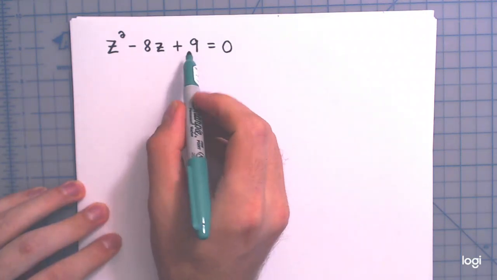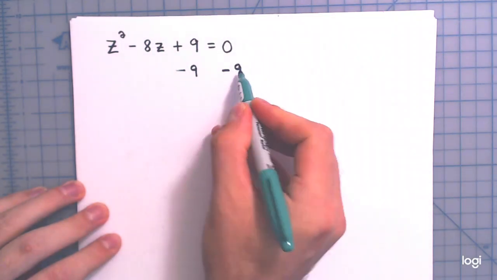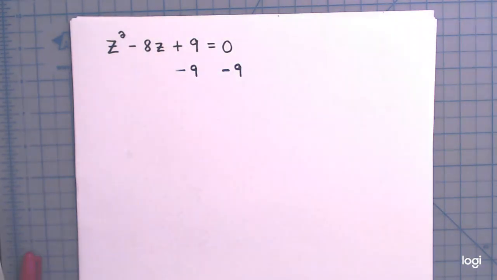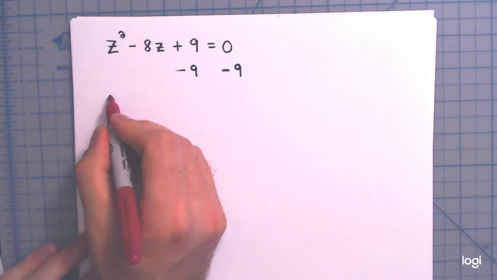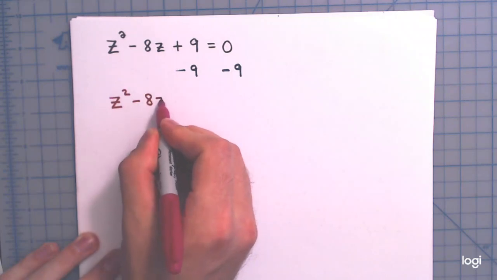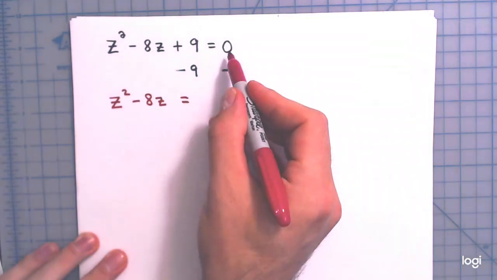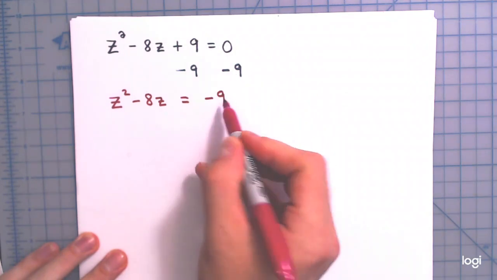So this positive 9 I don't want. I'm going to subtract 9 from both sides. That leaves me with z squared minus 8z on the left side equals, and then 0 minus 9 is negative 9 on the right side.